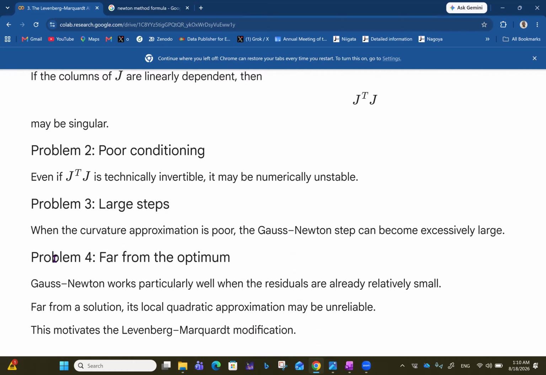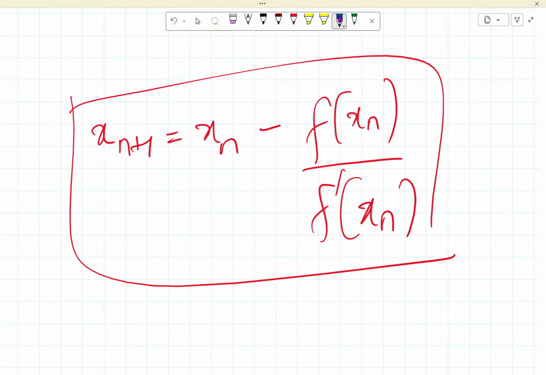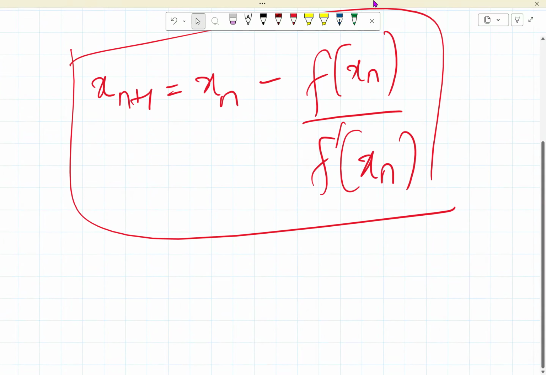Problem four is being far from the optimum. Gauss-Newton works particularly well when the residuals are already relatively small. It's more like when you do it for maybe a single function, right? You need an initial guess. For instance, to implement this kind of expression, you need an initial guess x naught.